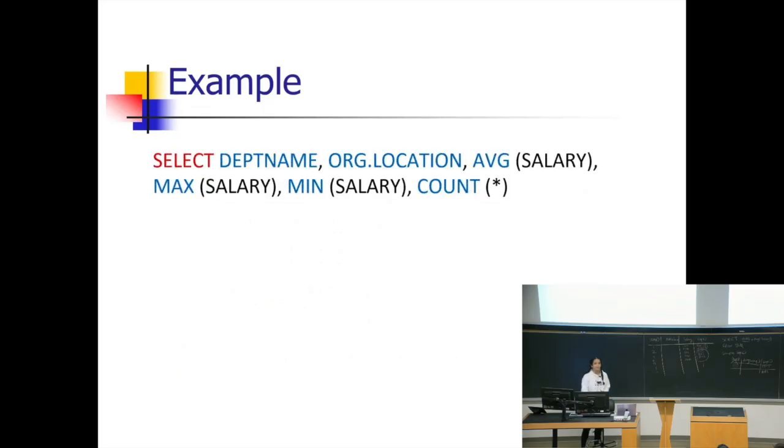Question. Yes? In that case, can we have group by salary? Group by salary. So why do you need to use group by with salary? For example, when we use group by with department ID, it's because we want to get, for example, the number of employees in each department or average salaries.